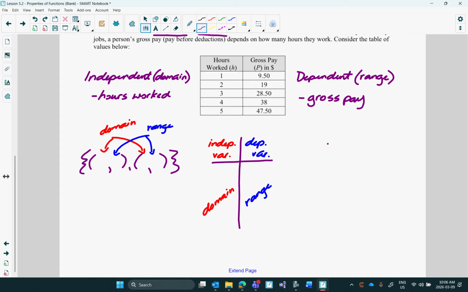If you have a graph, all the numbers on the horizontal axis would represent the domain. All the numbers on the vertical axis would represent the range. And the title of the horizontal axis would be the independent variable.